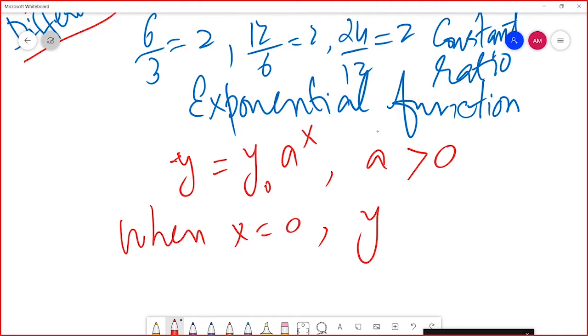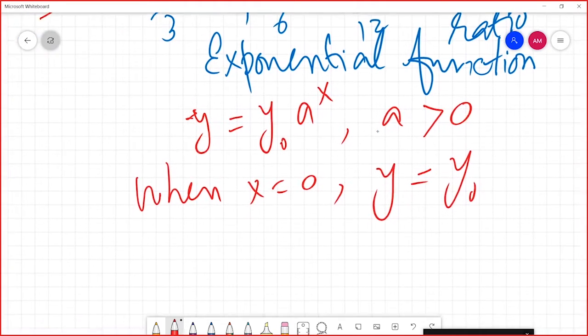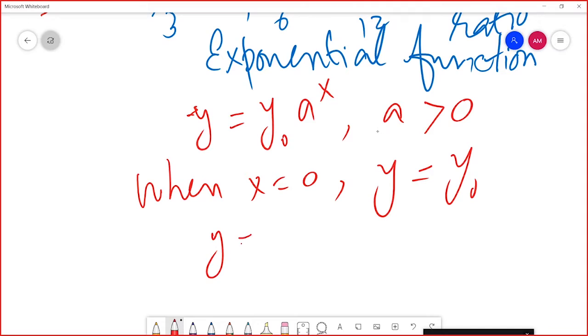It will be equal to y naught, very nice, because a raised to the power 0 is 1. So it is giving us the value at x is equal to 0. For example, if I say y is equal to 3.5 into 4 raised to the power x, can you tell me what is the value at x is equal to 0?